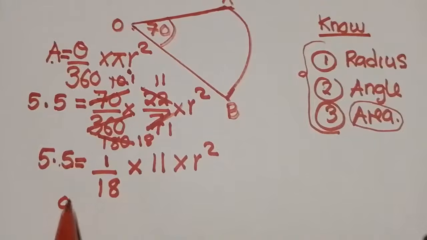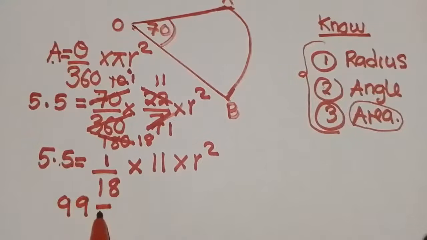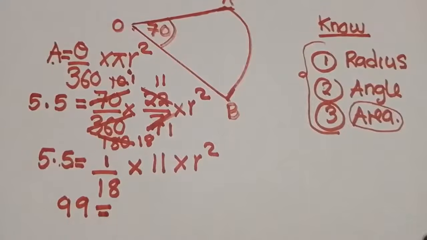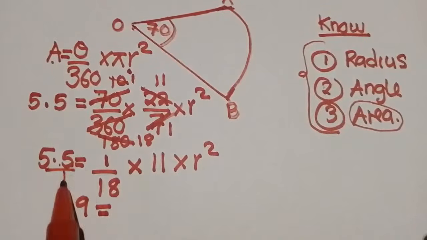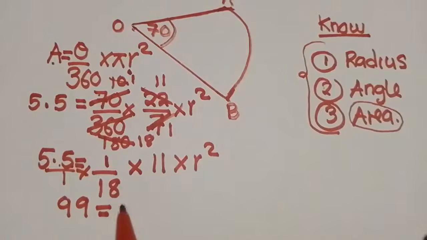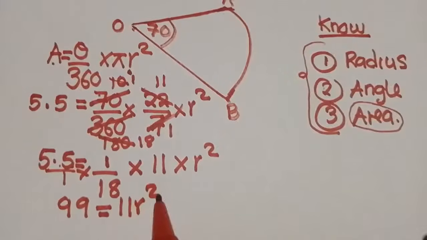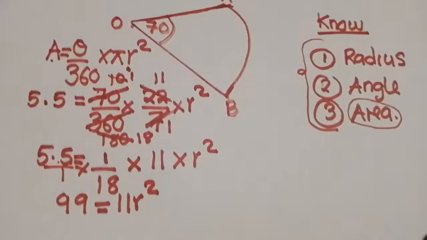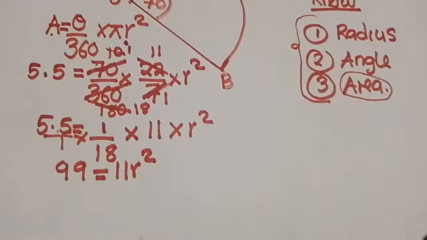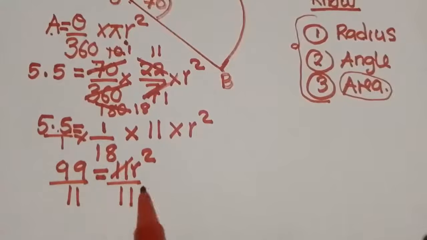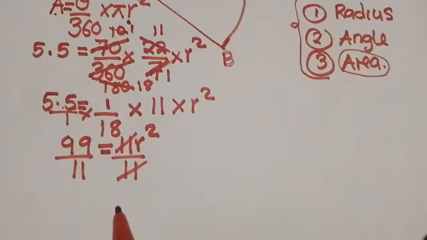We are getting 99, which is equal to, so here I've just cross multiplied, 99 equals 11 R squared. Then I divide both sides by 11, so that these two can be cancelled. I remain with R squared, which is equal to 99 divided by 11.